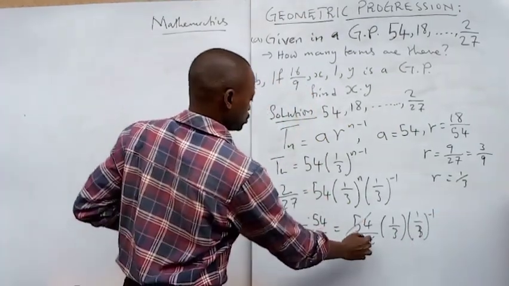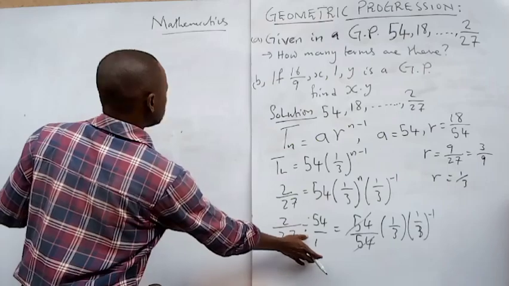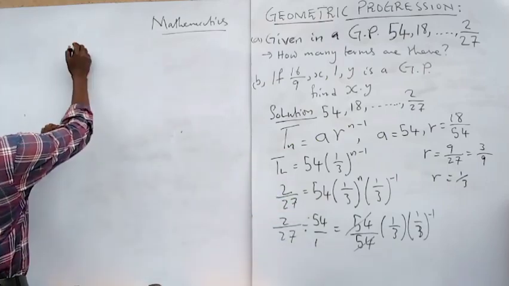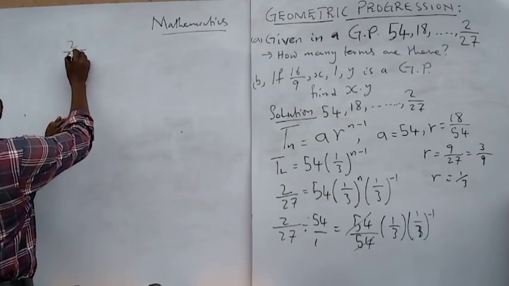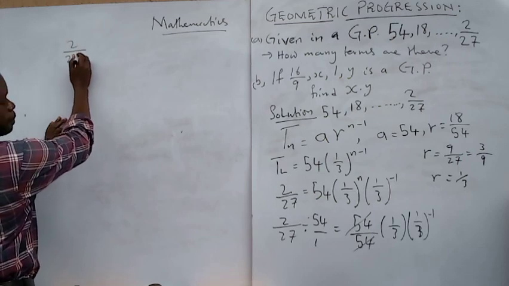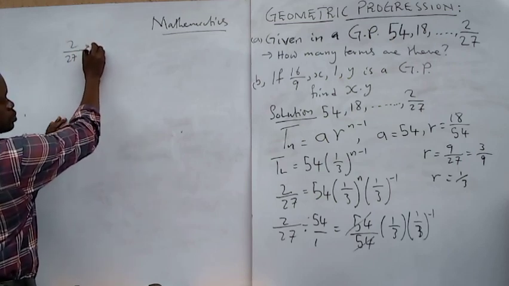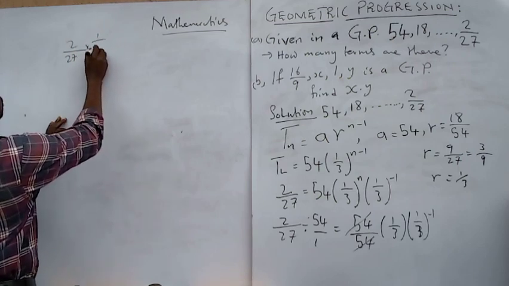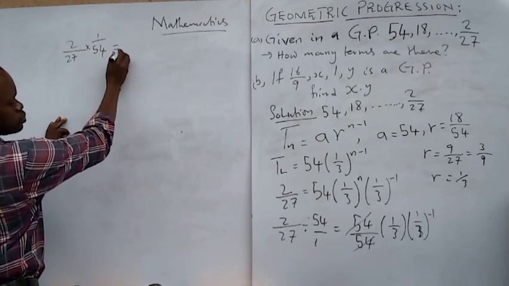So this will cancel this. Let me simplify that: you have 2 over 27 times 1 over 54.